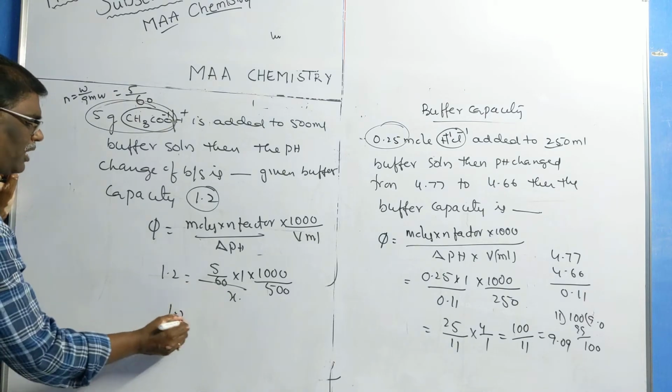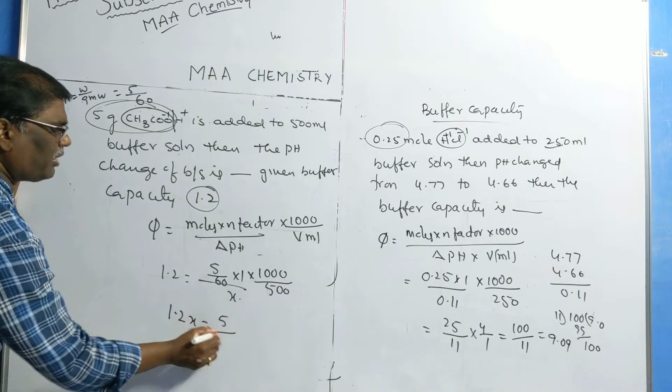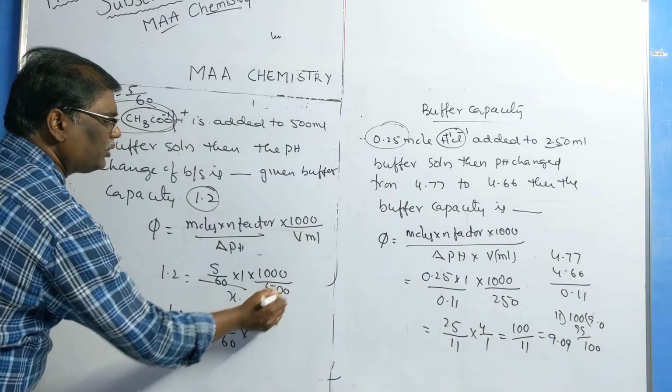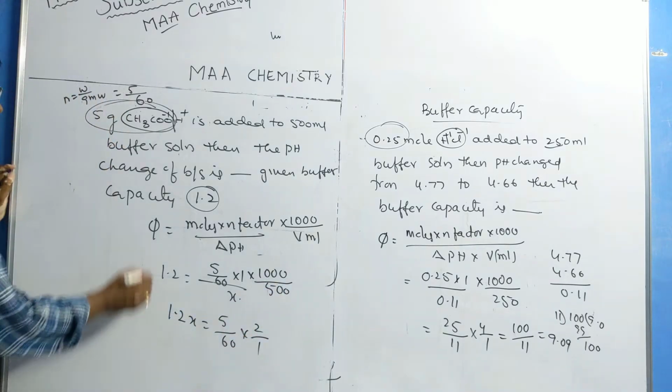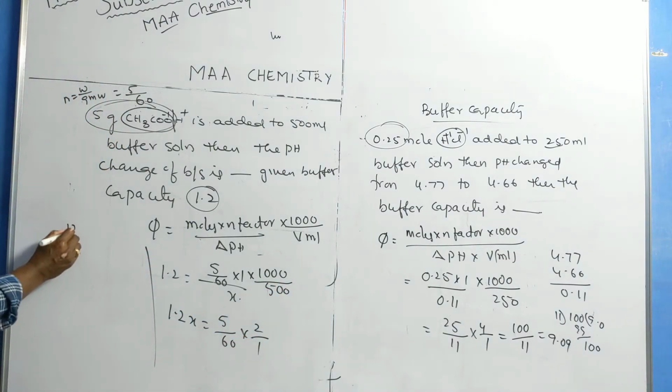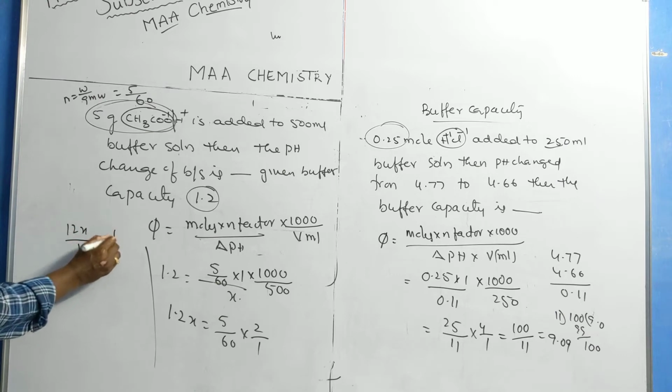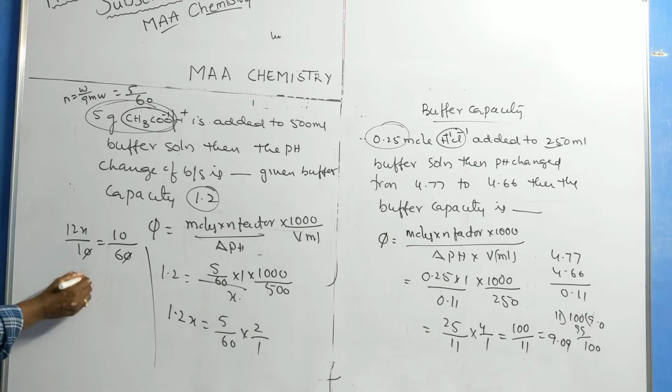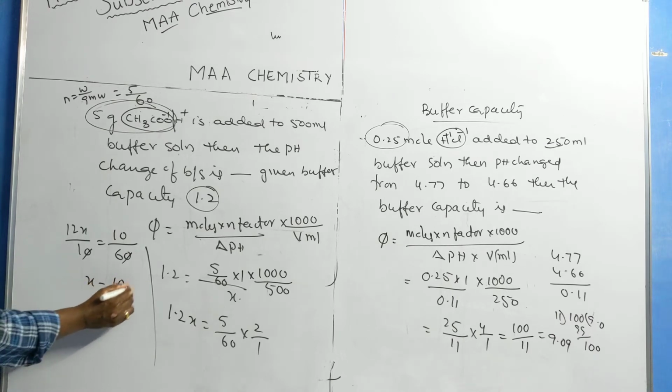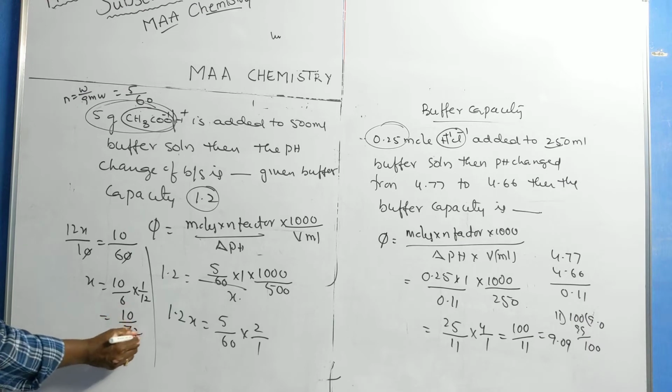Now make cross multiplication. 1.2x equals 5 by 60 into 2 by 1. On further simplification, 12x by 10 is equal to 10 by 60. So on cancellation, x is 10 by 6 into 1 by 12, or 10 by 72.